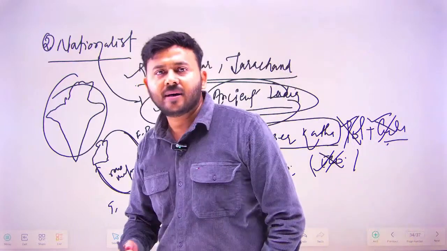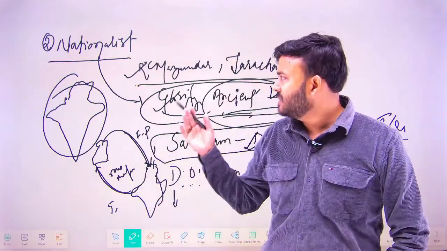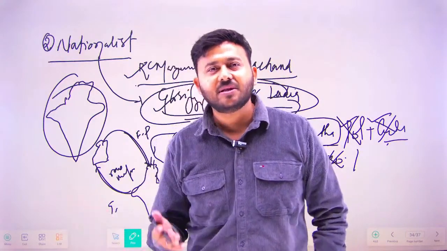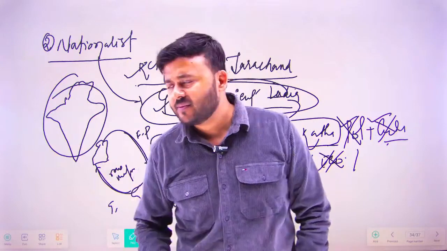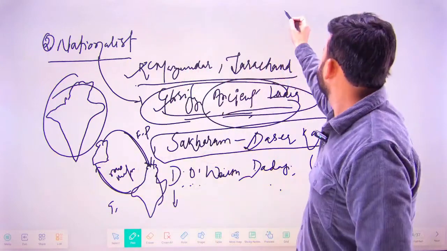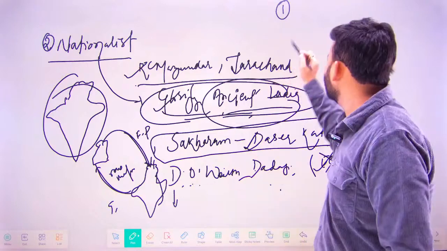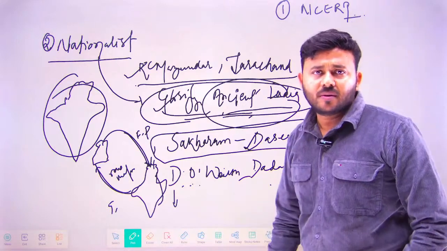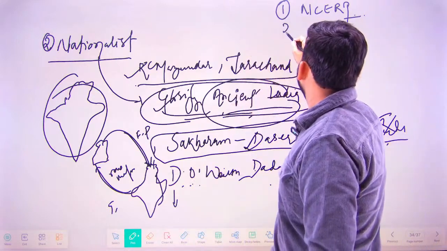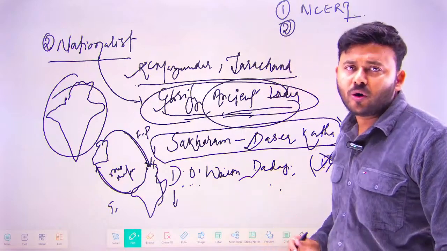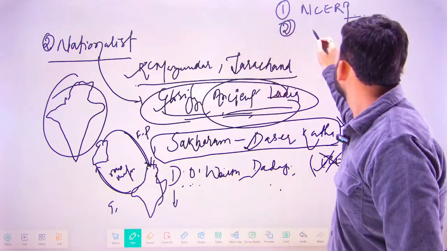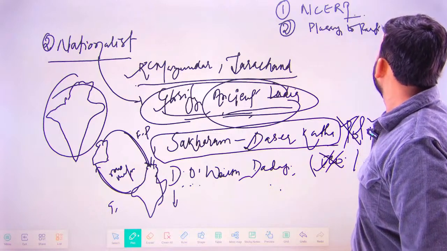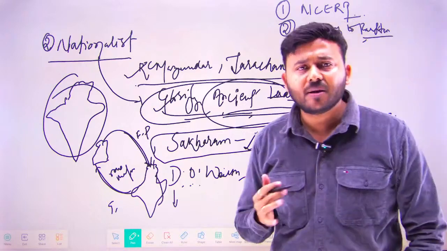Next approach, there are 6 to 7 approaches we'll be studying in our next class. So for now, just revise, just go through. I'll be telling you a few sources which are important. First is definitely NCERT, 11th and 12th, which should be followed. Then you must have heard of a book called From Plassey to Partition by Sekhar Bandyopadhyay.